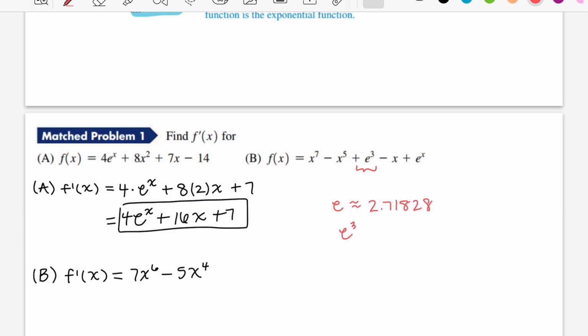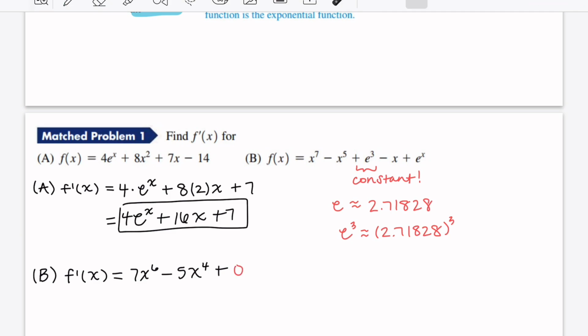So e cubed is just going to be 2.71828 cubed, which is just a number. So this tells us that this is just a constant. Be careful with that, because we know that the derivative of a constant is just 0. I'll write this in red too, so we can keep track of that.